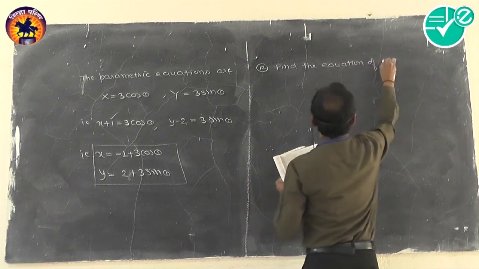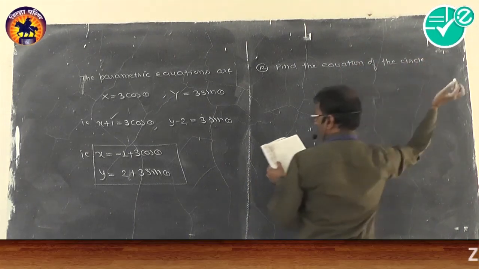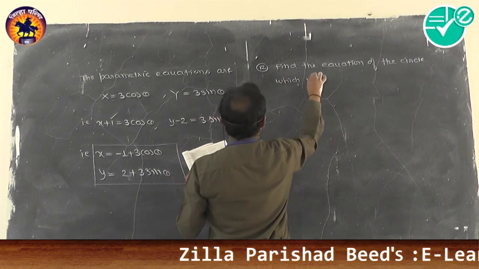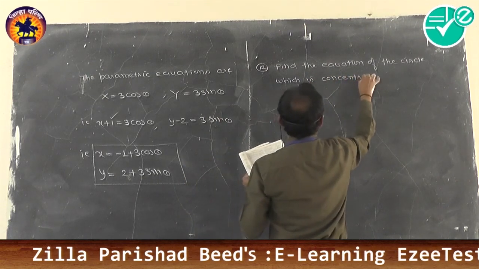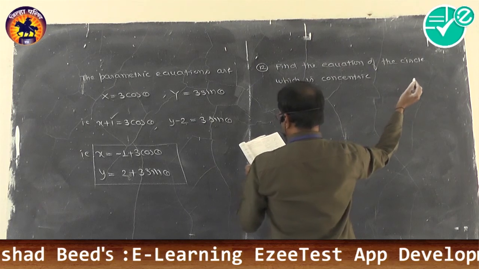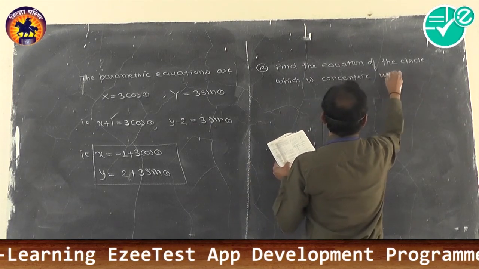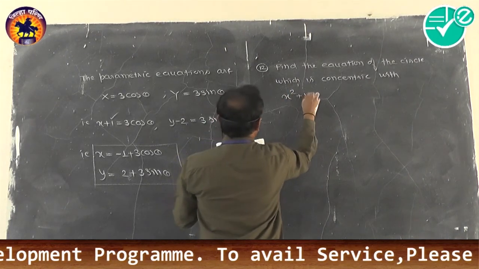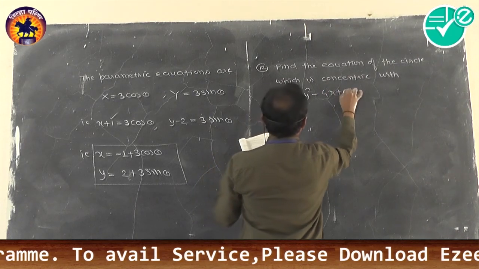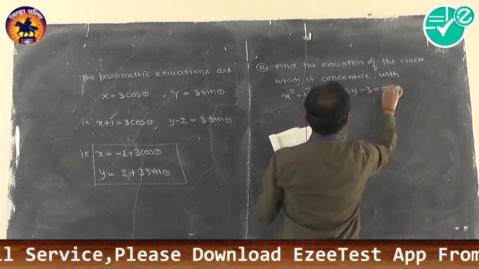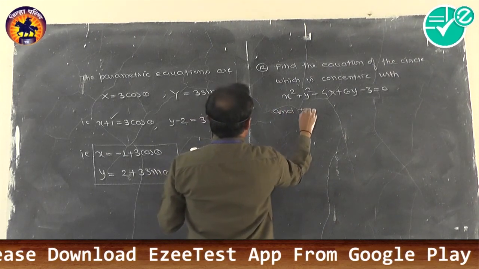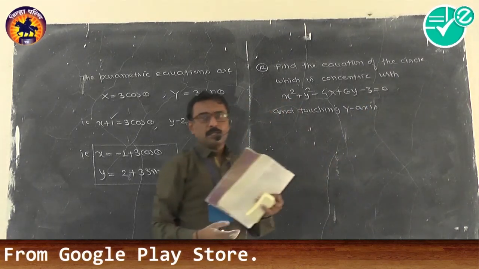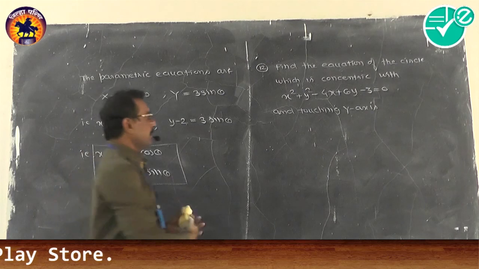Find the equation of the circle which is concentric with x square plus y square minus 4x plus 6y minus 3 equal to 0 and touching the y axis.